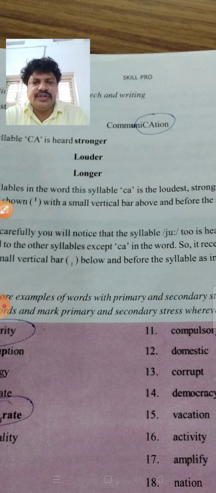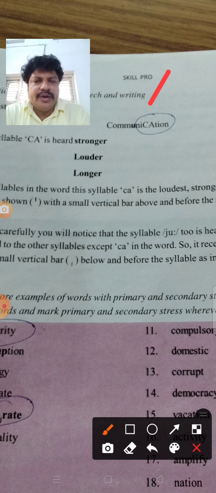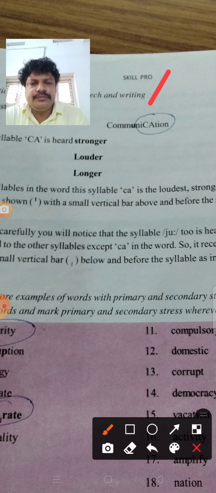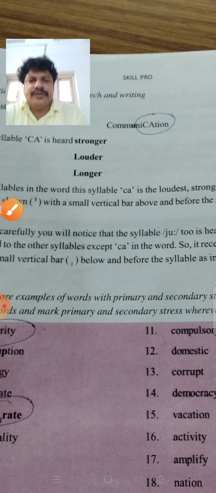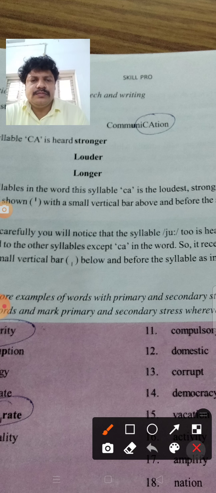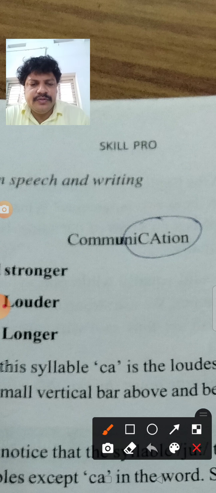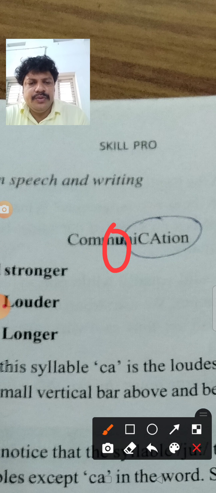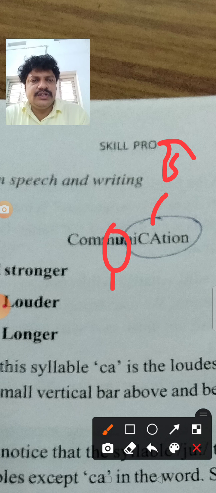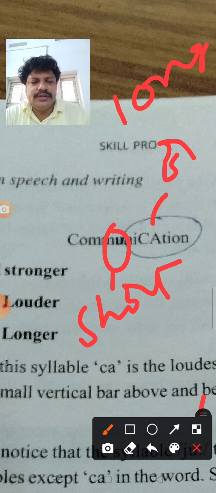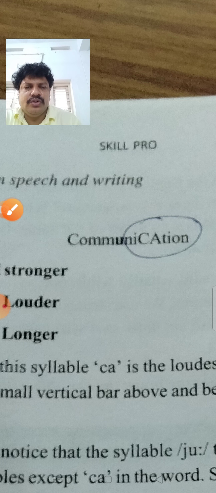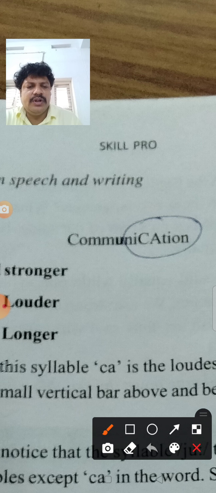There are 2 types of stress if you observe. First is in the word "commute": here one type of stress, a short stress. "Nication" is a long stress. Long stress, short stress. This stress is shown in English with a small mark like this, above and below.